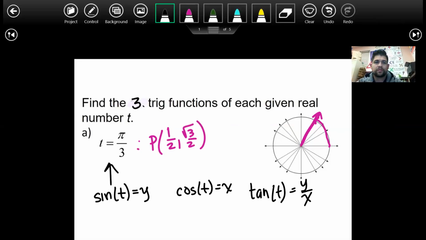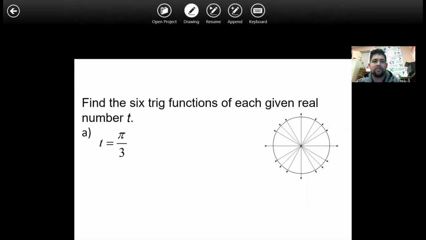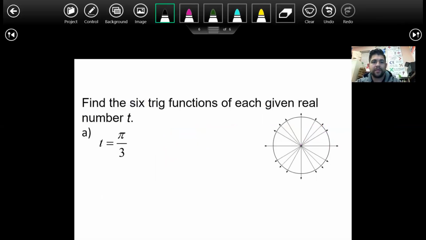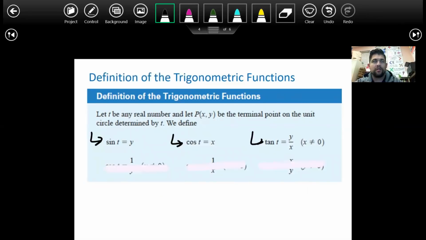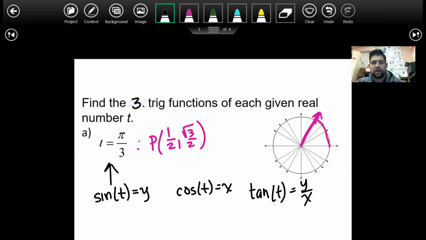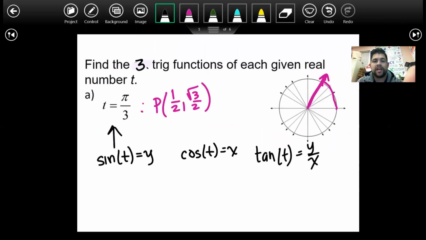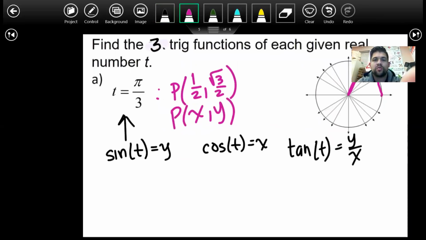So let me make sure this is looking back at what we just did. This is going back to the functions here, okay? Our functions are identified as sine of t is y, cosine of t is x, and tangent of t is y over x. So what we want to understand is that our point P is just x, y. So in relation to each one of these points, we can identify where they exist on our line.